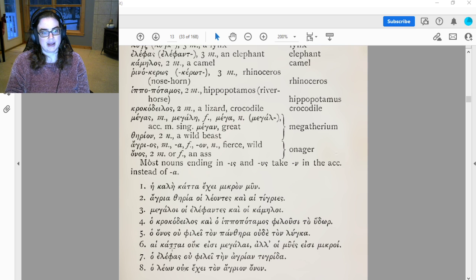All right. Hai kata uk megala al hoi mues mikroi. The cats are not big, but the mice are small. So true. And that is why our cats like to eat them.